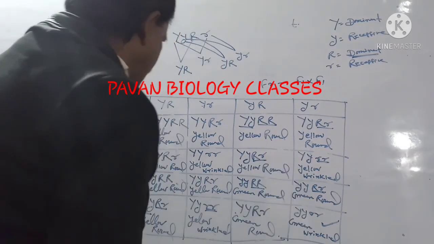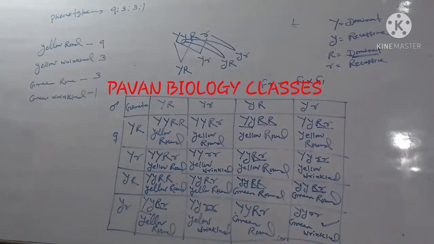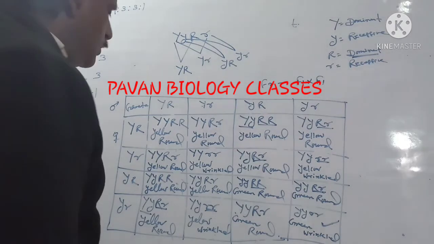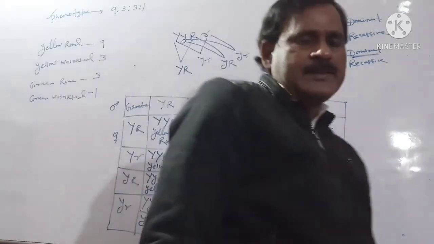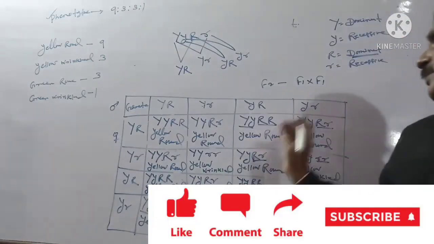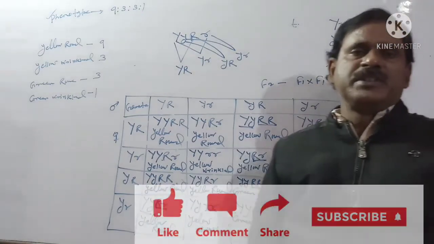In this way, we find that the total visible character ratio is 9:3:3:1, the phenotype ratio. So now the chapter is finished; in the next video we discuss later.